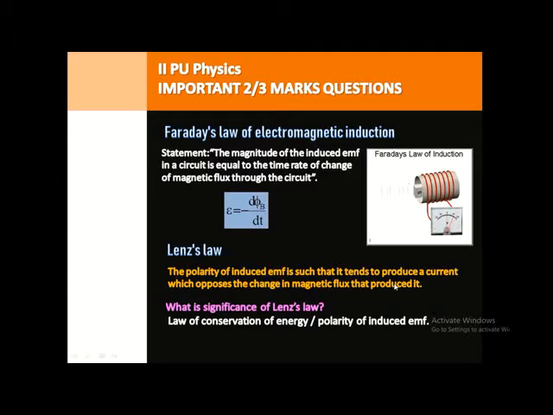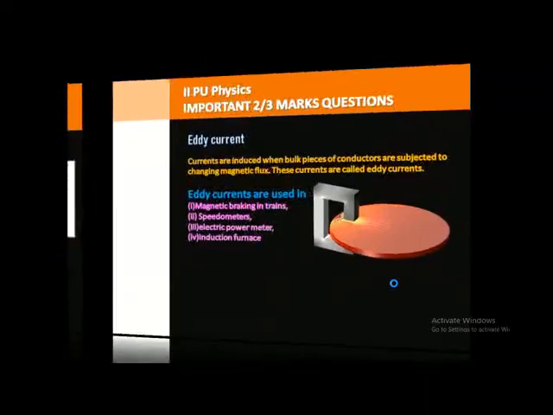Lenz's law is: the polarity of induced EMF is such that it tends to produce a current which opposes the change in magnetic flux that produced it. That is the statement of Lenz's law. Then asking what is the significance of Lenz's law? It is a law of conservation of energy, or gives the polarity of induced EMF. You can get the direction of induced EMF from Lenz's law.